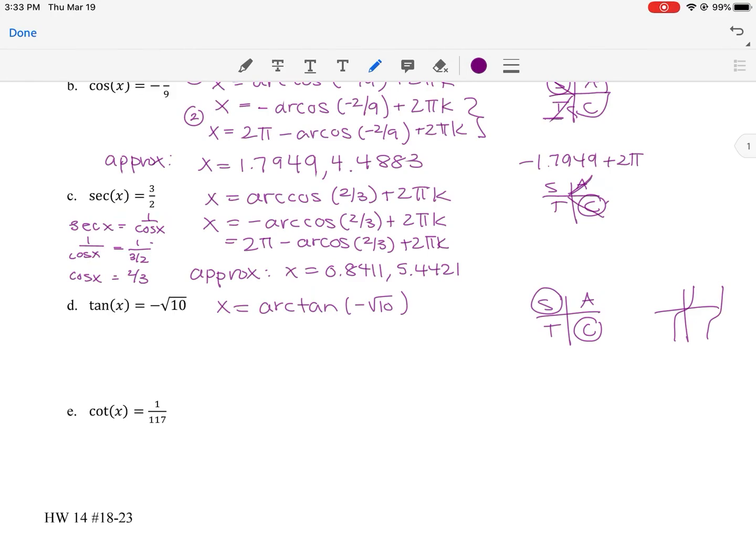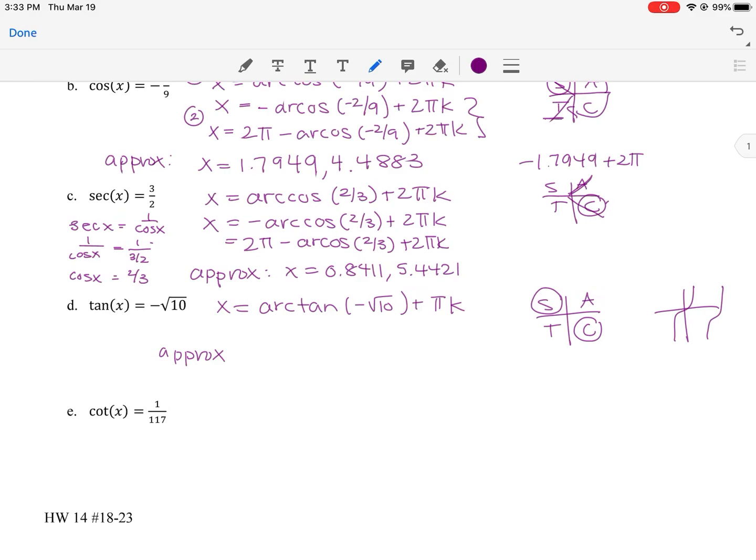It repeats every pi. So you could figure out where that reference angle is in relation to the fourth quadrant. However, it's going to be a lot easier just to think, hey, this repeats every pi, so I'm adding pi k. And that represents multiple answers, but of that one format.